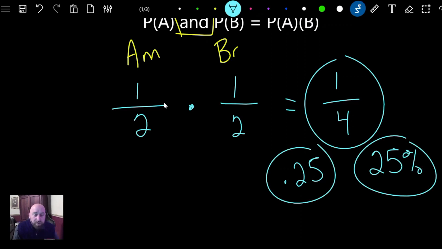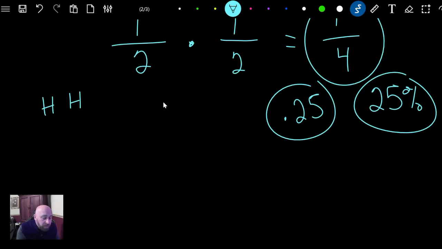Think about it. Here's what could happen. Amanda could get heads, and then Brian could get heads. You could have Amanda get heads and Brian get tails. You could have Amanda get tails and Brian get heads, or you could have Amanda get tails and Brian get tails.